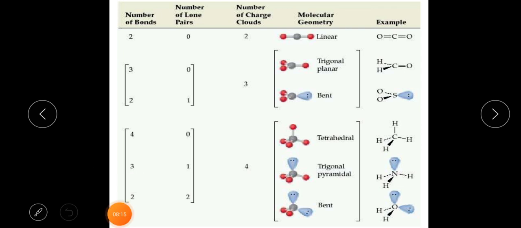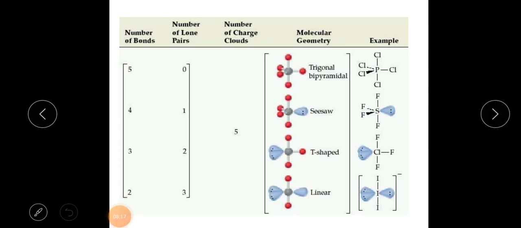Then if you have 5 electron pairs, the geometry is called trigonal bipyramid. 4 and 1 is called seesaw. A typical example is SF4. Then you have ClF3.